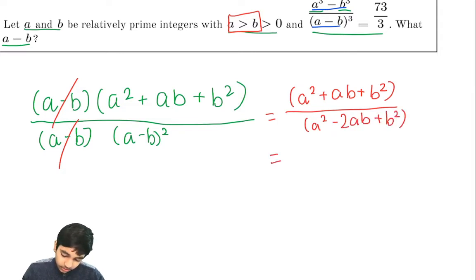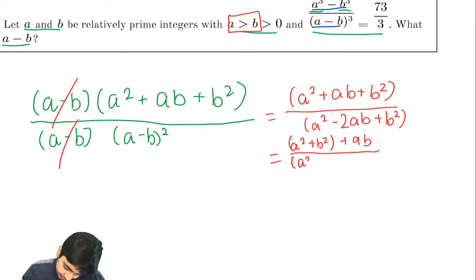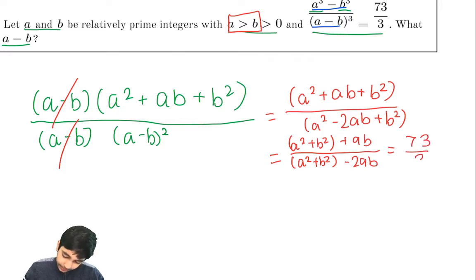From here, I'm going to group the a squared plus b squared terms together, plus ab, and group the a squared plus b squared terms in the denominator too. And this equals 73 over 3, which we're given in the problem. Okay, so now what? Well, again, we have a squared plus b squared, and we want to find a minus b.